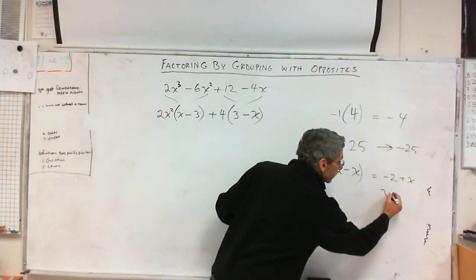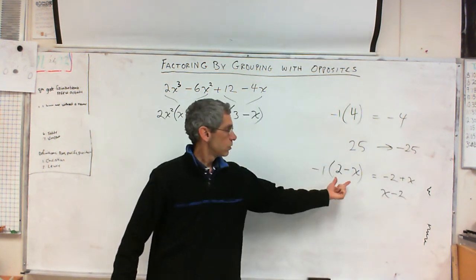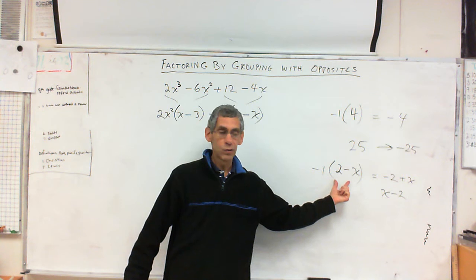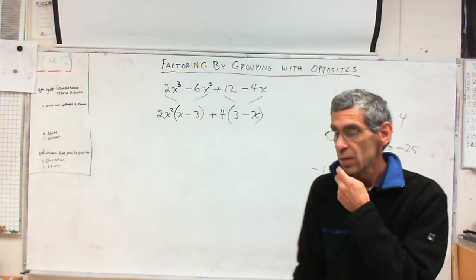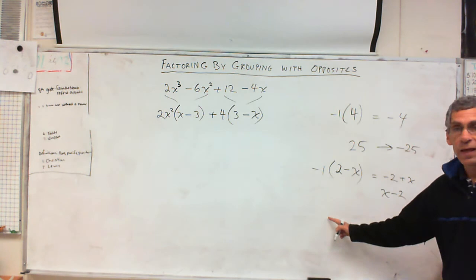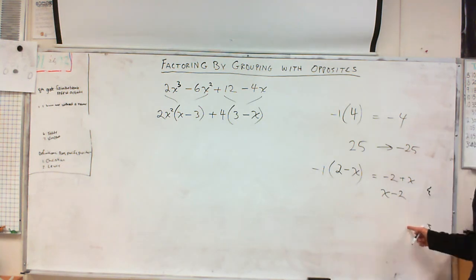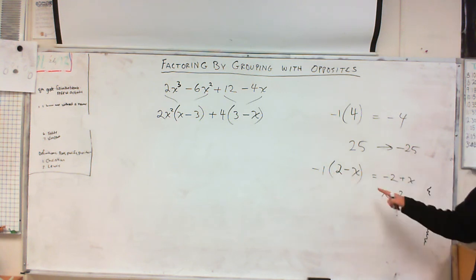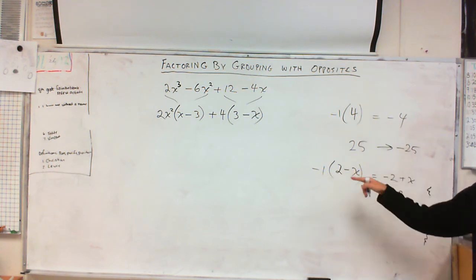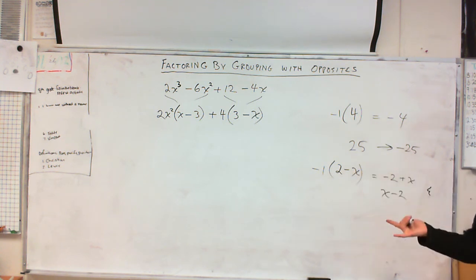I could write it as x minus 2. Interesting. The opposite of 2 minus x is x minus 2. Now if it was 2 plus x, then it would be negative x minus 2. But in this case, because one of them's positive, one of them's negative, all they're going to do is swap positions when you multiply by negative 1.